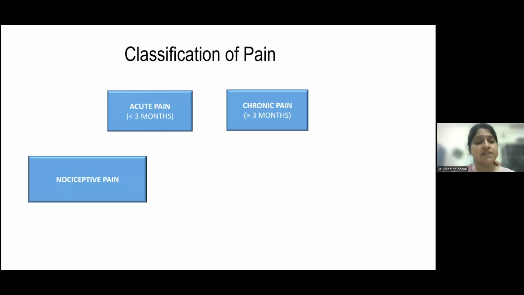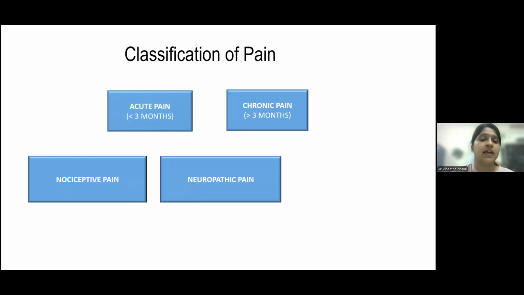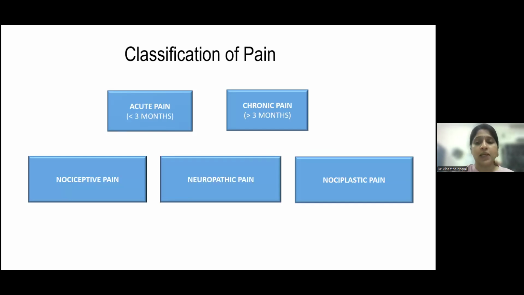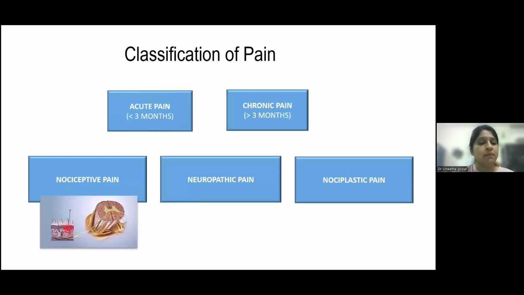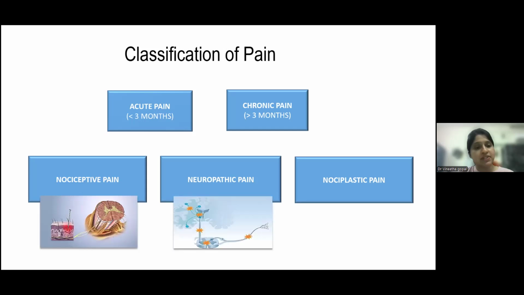Another classification is into nociceptive pain, neuropathic pain, and nociplastic pain. Tissue nociceptors are activated, and that causes nociceptive pain. Neuropathic pain involves the somatosensory nervous system. Nociplastic pain is a newer definition.